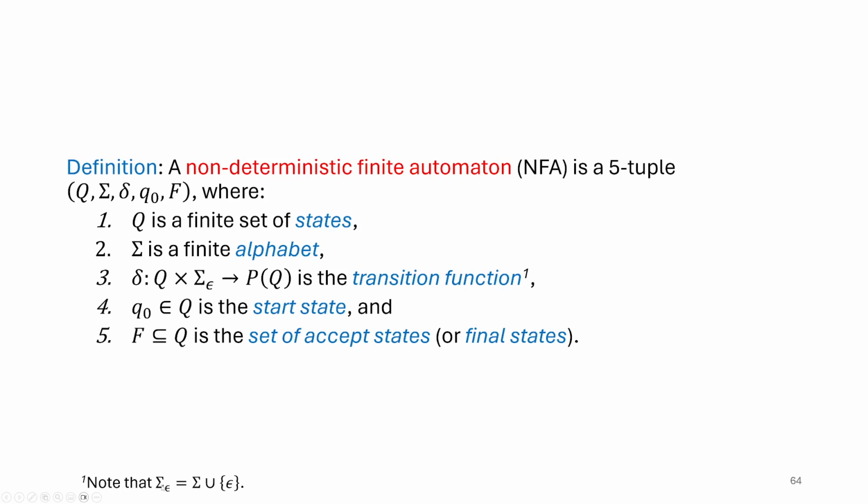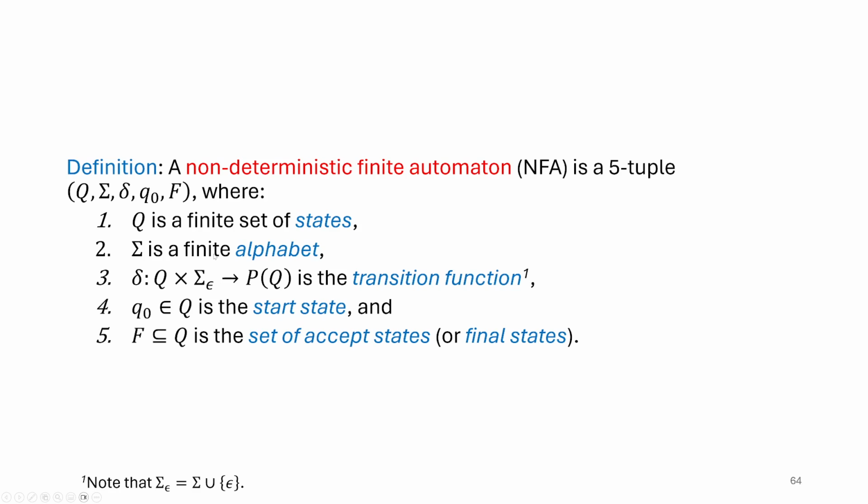Note, sigma epsilon is just sigma with the empty string added in. So all this is saying is the transitions that we have now, not only do they have transitions for our alphabet symbols like 0 and 1, for instance, they also have transitions potentially labeled with the epsilon symbol or the empty string. Okay, great. So this bit says you're allowed to have empty string transitions.